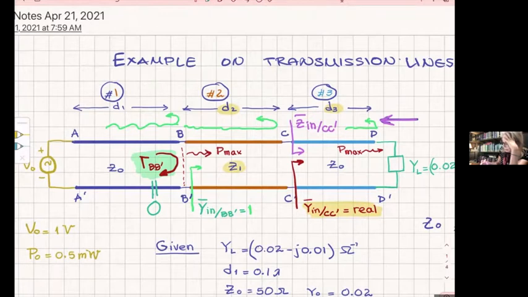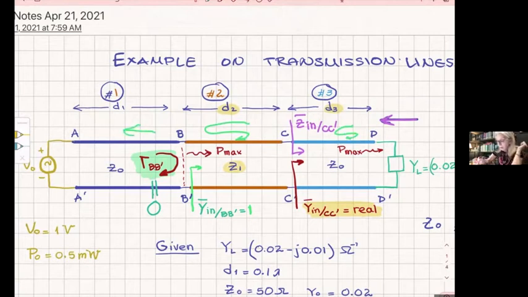All right. However, there is a linking in between. So for example, what it means is the waves are bouncing back and forth in between BB prime, CC prime, and CC prime, DD prime. But at the end, they're bouncing back and forth here, but at the end, they all contribute and the power comes there.